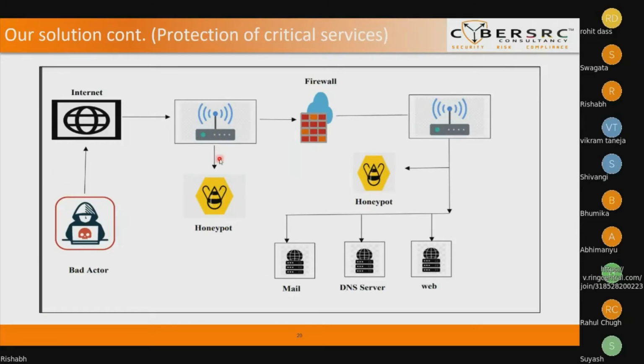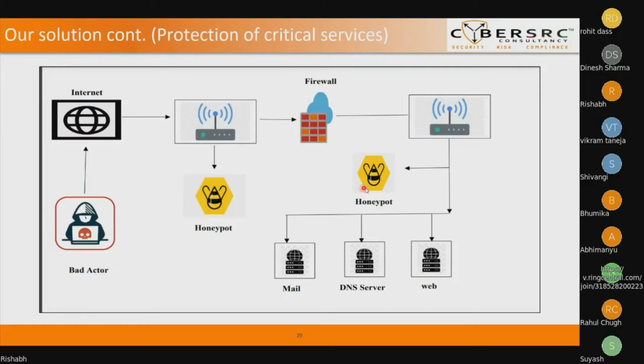The front-facing module is also connected to a honeypot so that we can analyze each and every request coming into the network to check whether the users are malicious or have any intent to do harm to the organization.